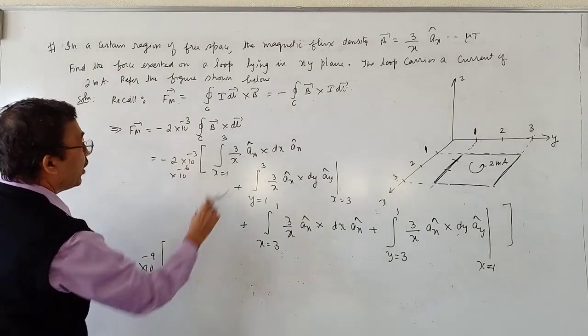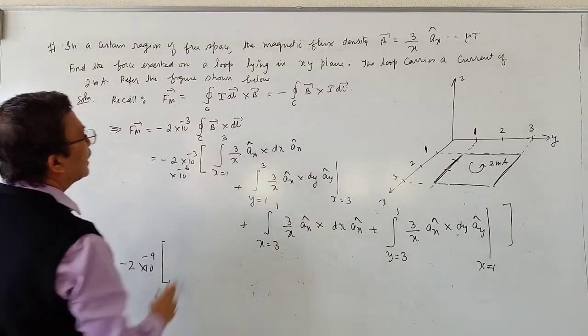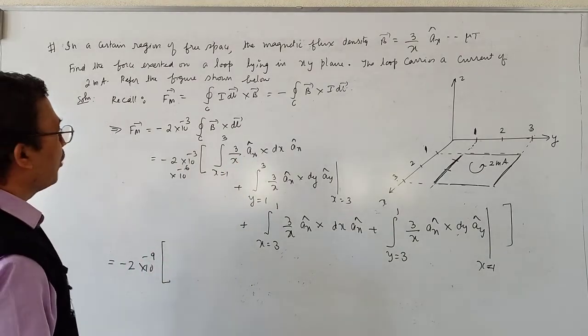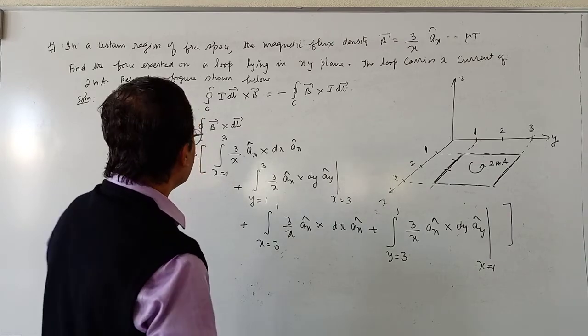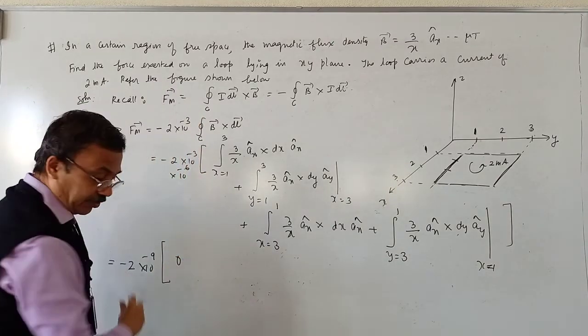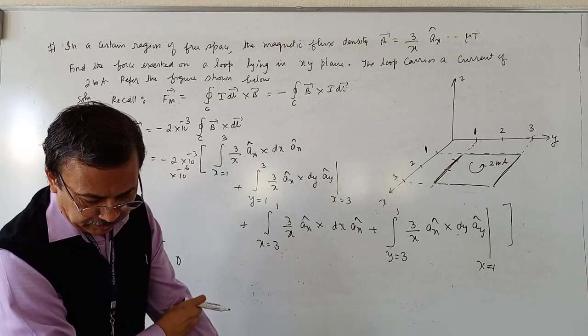Okay. We have to integrate this. Ax cap cross ax cap is 0, so this vanishes.